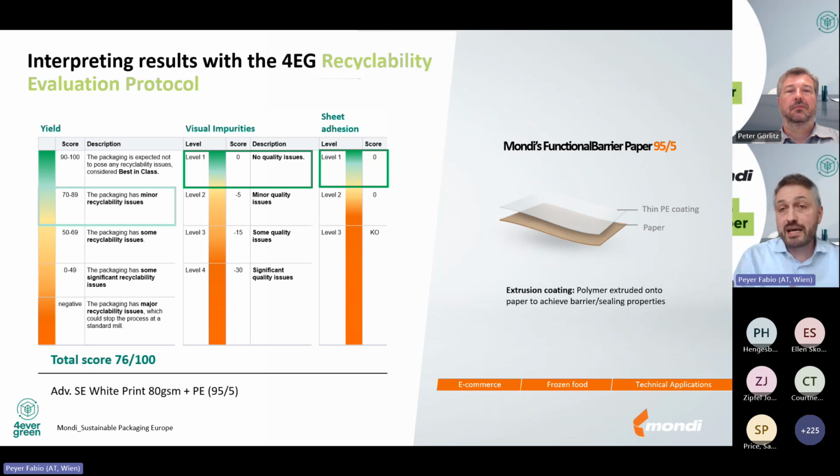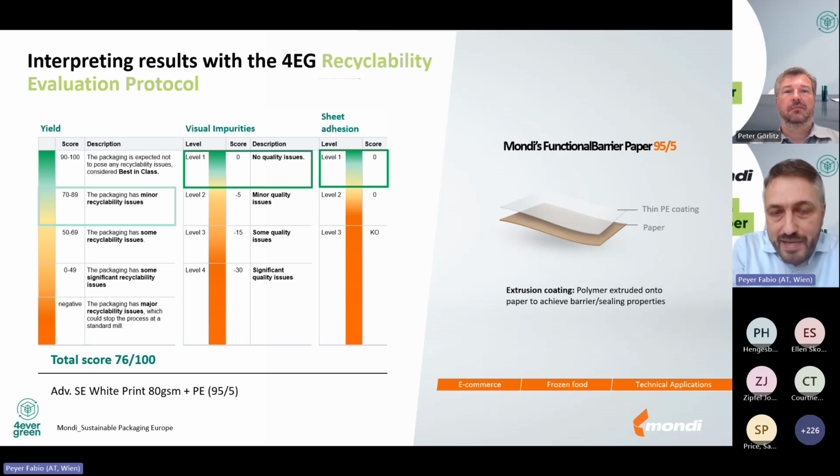What you see on this slide is the way that we at Mondi are using the recyclability evaluation protocol to visualize the test results that we produce in-house in our lab across the various parameters that we measure. You see on the left-hand side of this slide yield, visual impurities, and sheet adhesion, as also commented on by Peter. This is, by the way, not a dummy example. This is a real-world example based on a real-world product of ours.